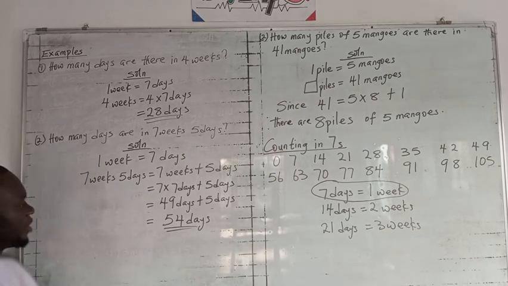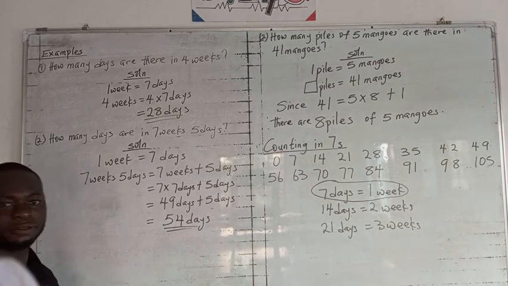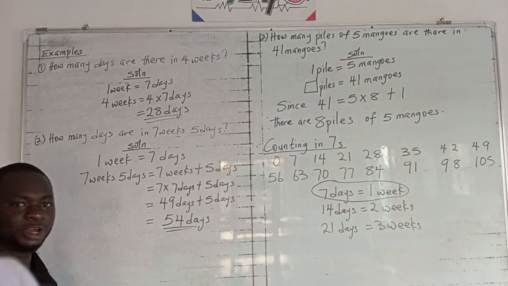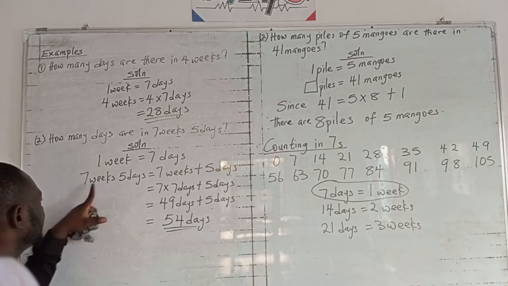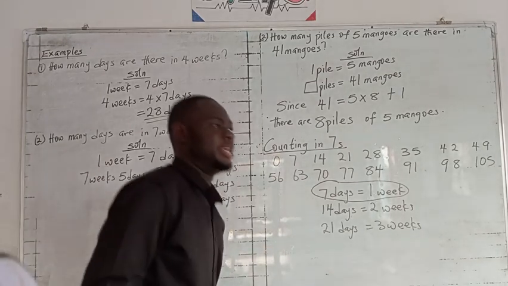So therefore, there are 54 days in 7 weeks, 5 days. Alright?